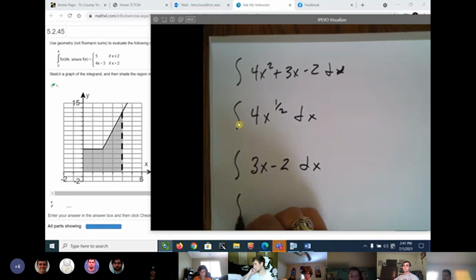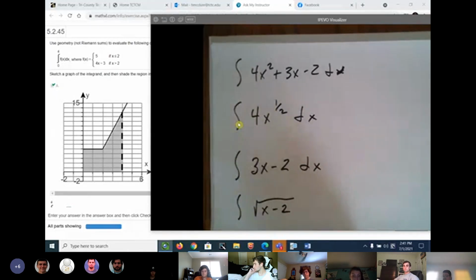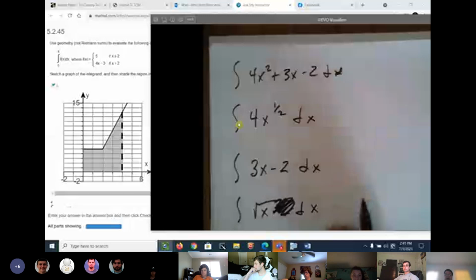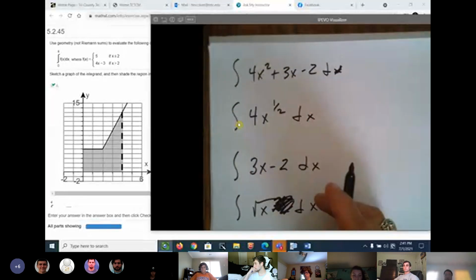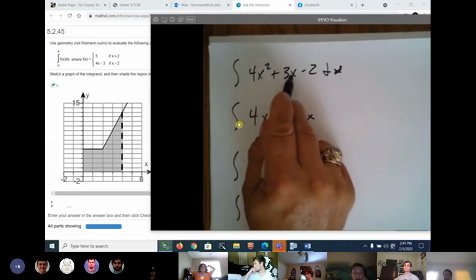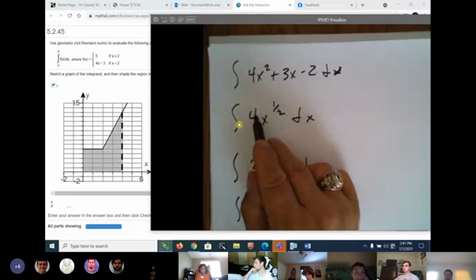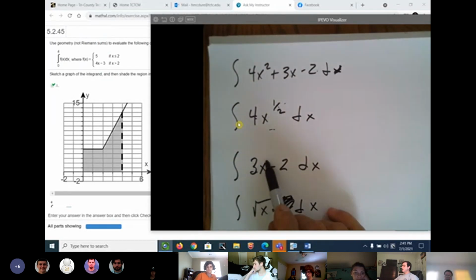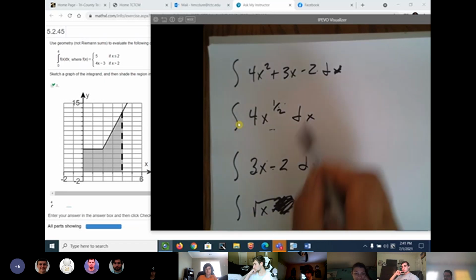The antiderivative of the square root of x dx. These are all power rule. You do each one separately. This is 4 times x to the 3/2 over 3/2. This is 3x squared over 2 minus 2x. And this is x to the 3/2 over 3/2. So these are all power rule.